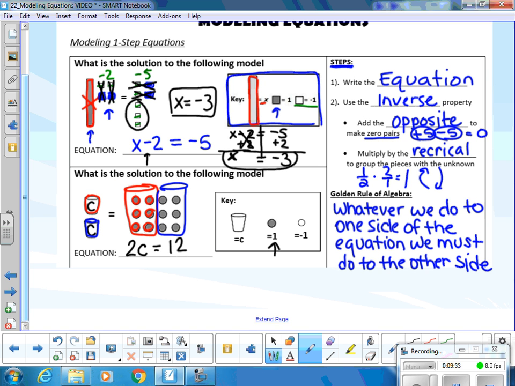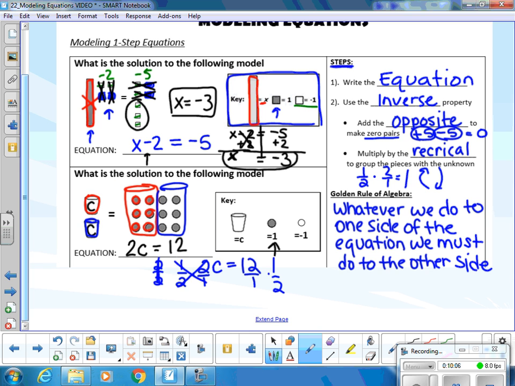So if we look at how we're going to solve this mathematically, we have 2 cups. And I told you I was splitting it in half, which is using the multiplicative inverse, or flipping it upside down. I'm multiplying by 1/2. Remember, any whole number I can put over 1 to make a fraction. So 2 times 1 is 2, 1 times 2 is 2. That 2 over 2 is the same thing as 1.